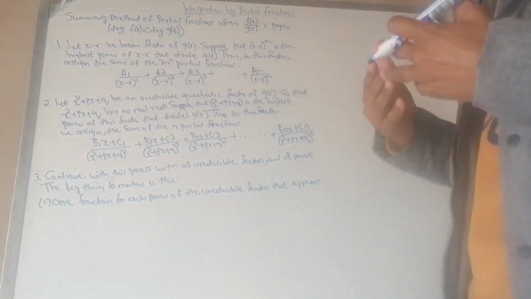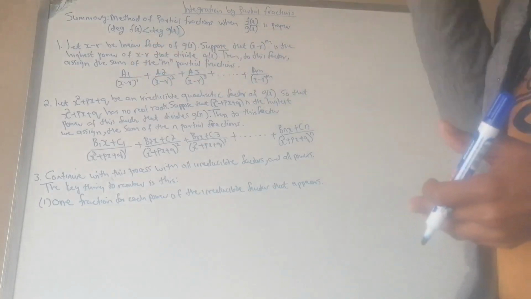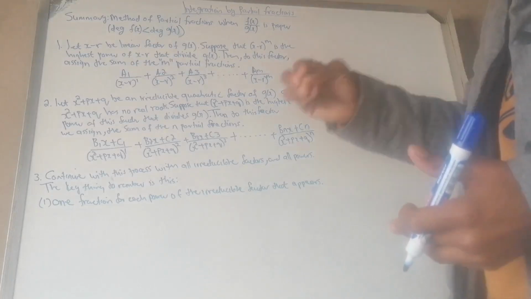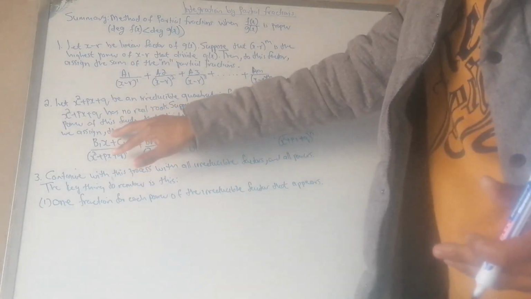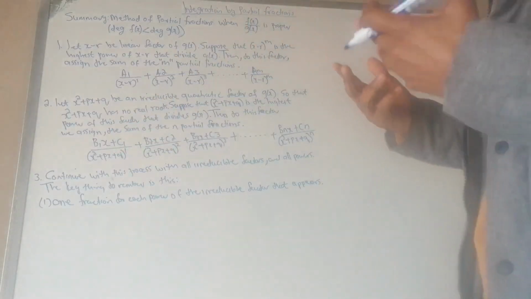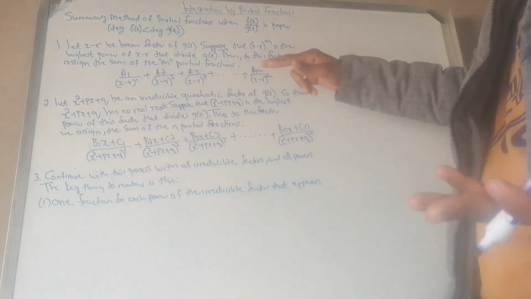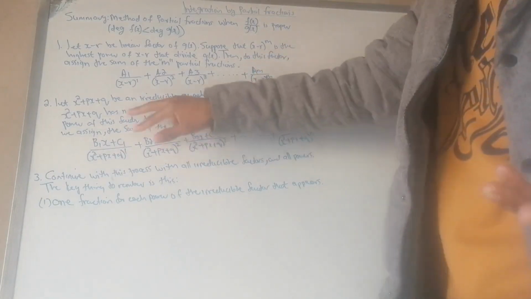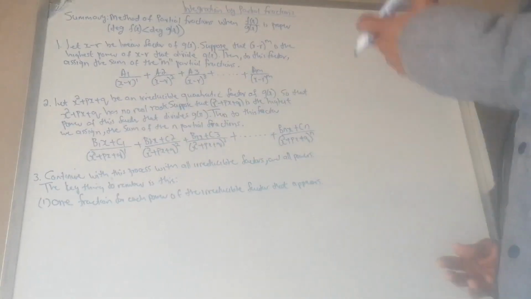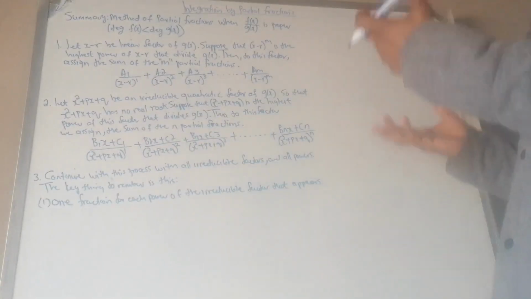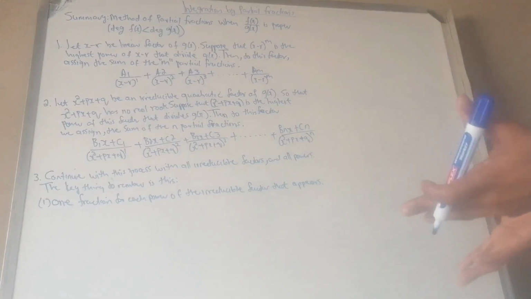For every factor that appears, we must have that one irreducible factor. For every power that appears, we must have this irreducible power. We must assign a factor for each irreducible power.